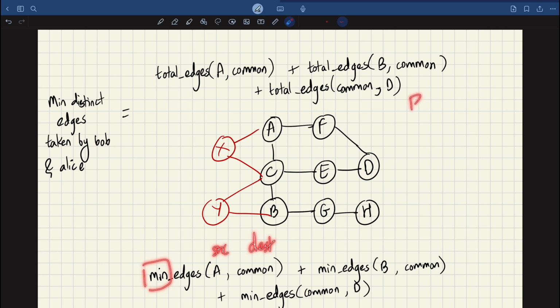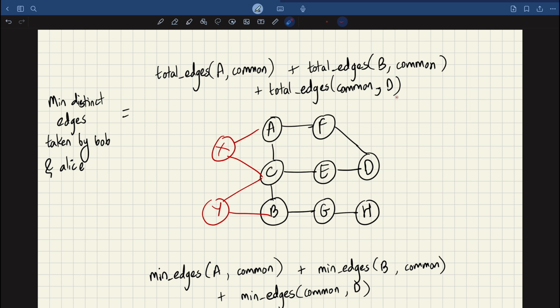The first is BFS and the second is Dijkstra's. The best approach to use over here would be BFS. Why? Because Dijkstra would be overkill over here, because this graph is an unweighted graph. So we can use the BFS approach over here.